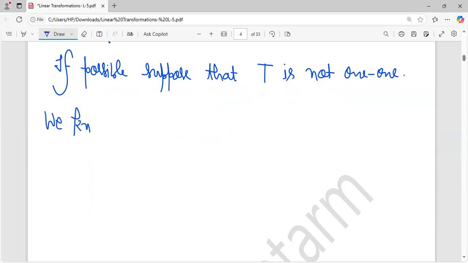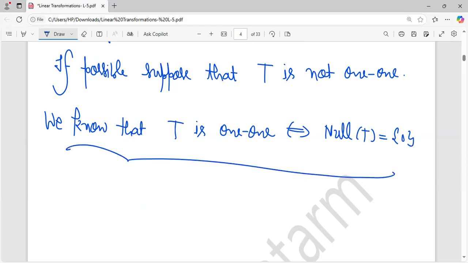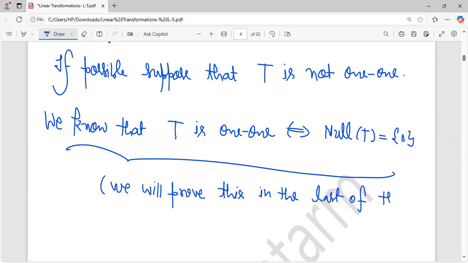We know that T is one-one if and only if the null space of T contains only 0. We will prove this at the end of this lecture. Now we have this fact.